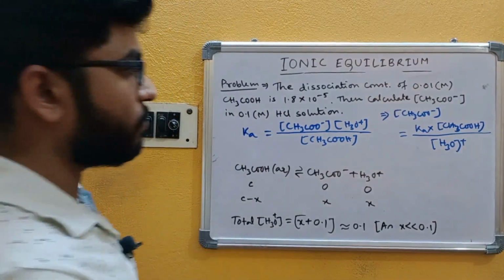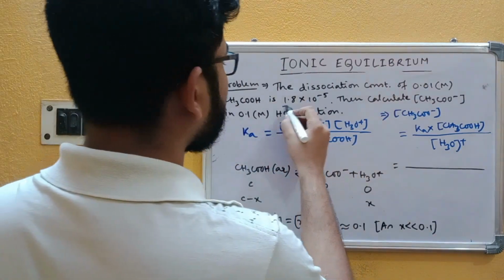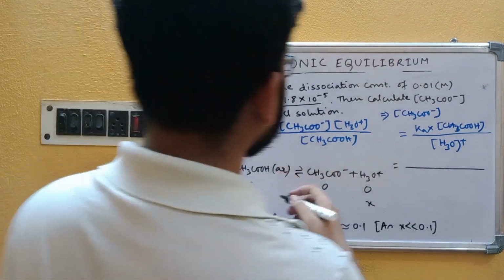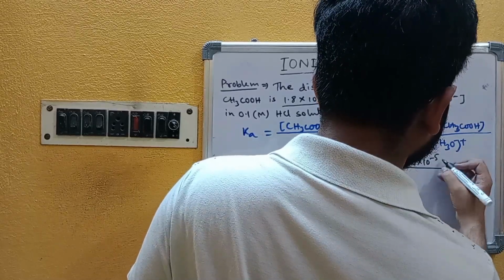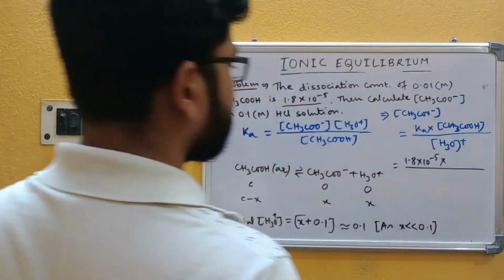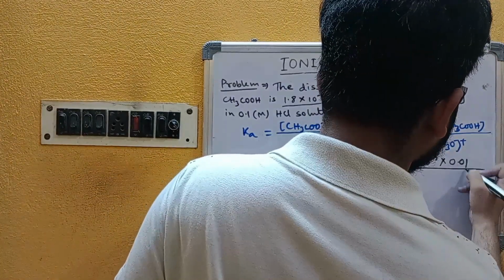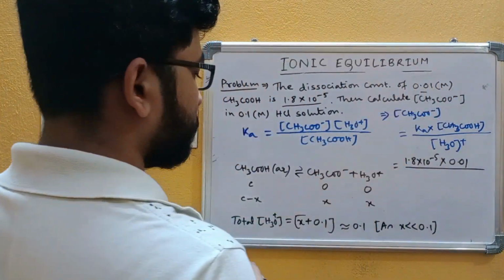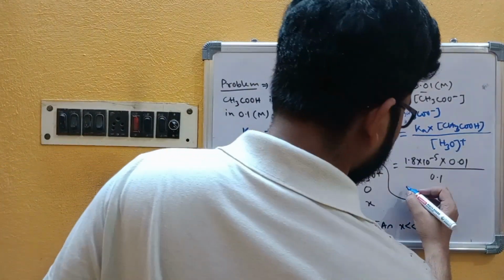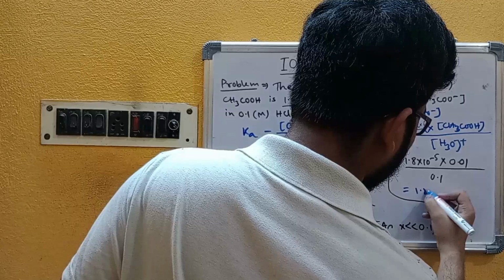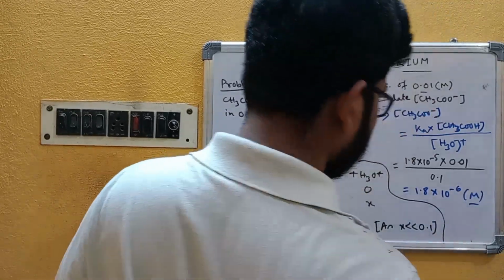So if we put the values, the dissociation constant is 1.8 into 10 to the power minus 5, into concentration of CH3COOH 0.01 molar, and concentration of H3O+ is 0.1. If we calculate this, it will be 1.8 into 10 to the power minus 6 molar.